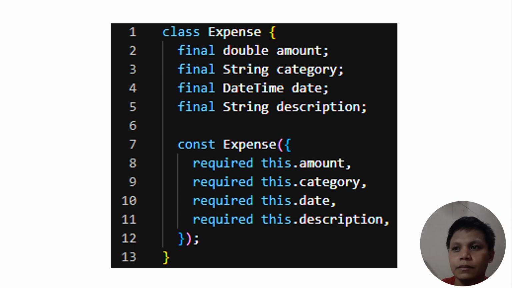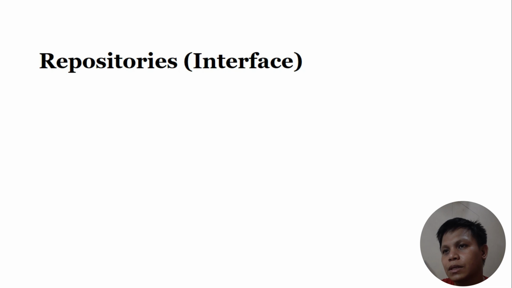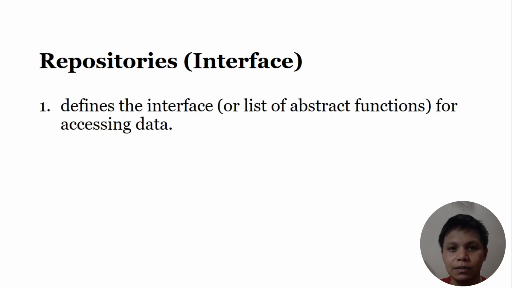Yeah. And then we have repositories, which is, by the way, interface pa lang to, no? Kasi yung implementation niya is in the data layer. And so, since interface lang naman siya, ito lang naman yung role ni repository. It just defines. Yun lang. It just tells you what, but it doesn't tell you how.